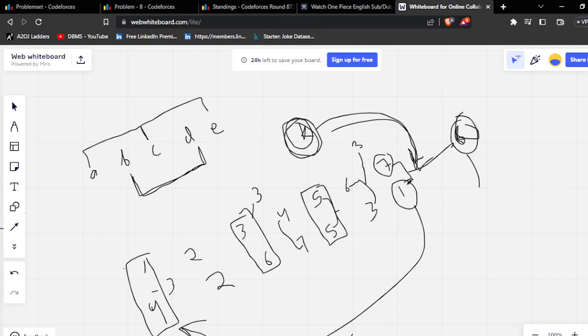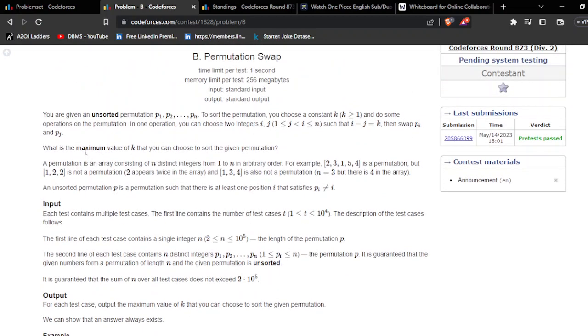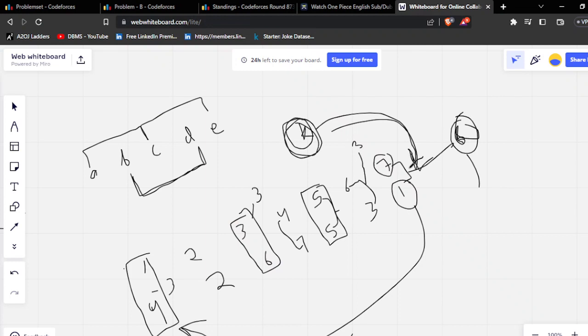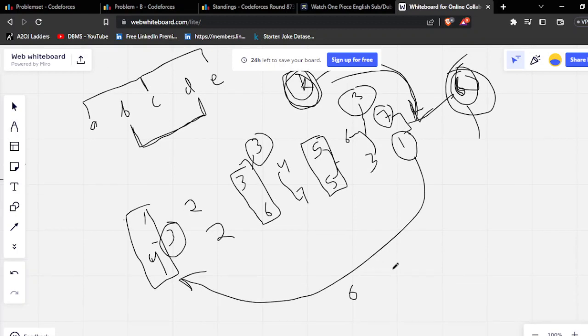And I have to find the greatest value, because the question states that we have to find the maximum value of k so that we can make this array sorted. So in this way, after calculating the GCD of all these numbers, 3, 3, 3 and 6, we can come up with an answer, the maximum value of k.